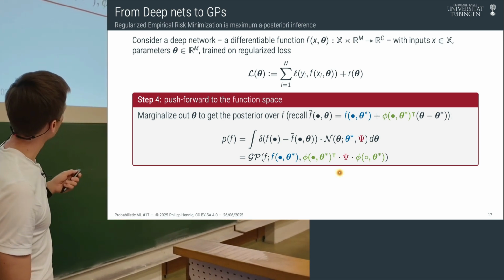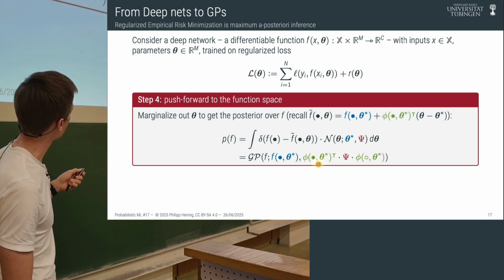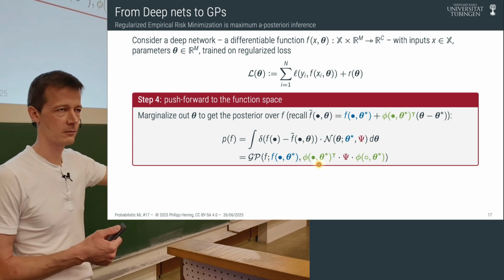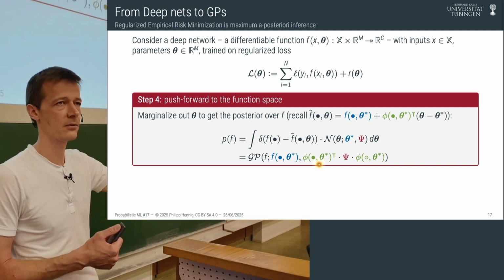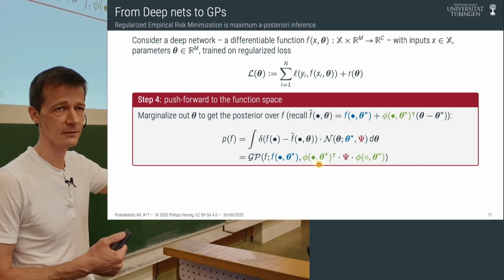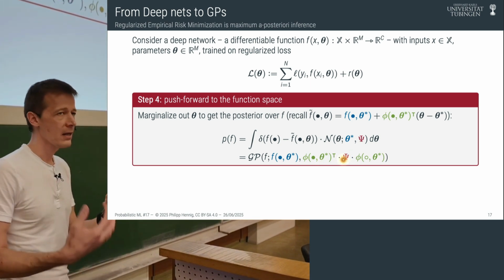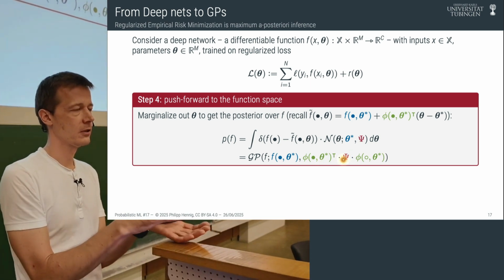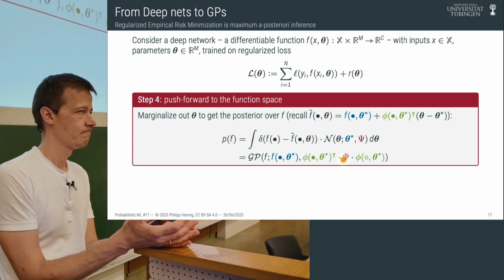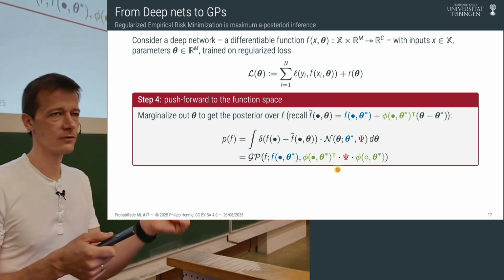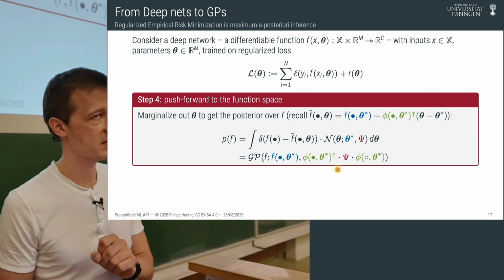You can think of this as a linear model with features, where the features are given by the Jacobians of the network with respect to its parameters, evaluated at the trained parameters. This is the green stuff, weighted by the curvature of the loss in the parameter space. So what this red thing says is how much you have learned about your parameters from the data.